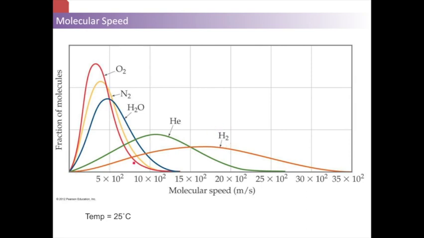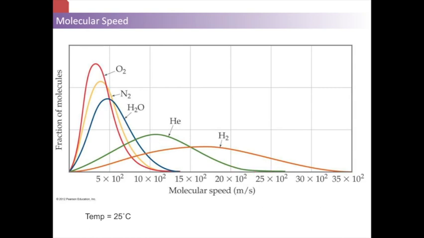The lightest gas here behaves like a very hot gas. You see, it has a very low peak and a very wide range of speeds of its particles. Do you see it has a very, very small amount traveling at a very, very high speed? But if you take the average of all of these particles, it would be the same as the average of all of helium's particles. But see, helium doesn't have as many particles traveling those high speeds.